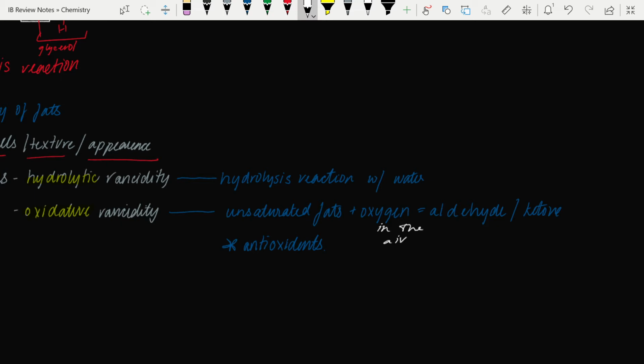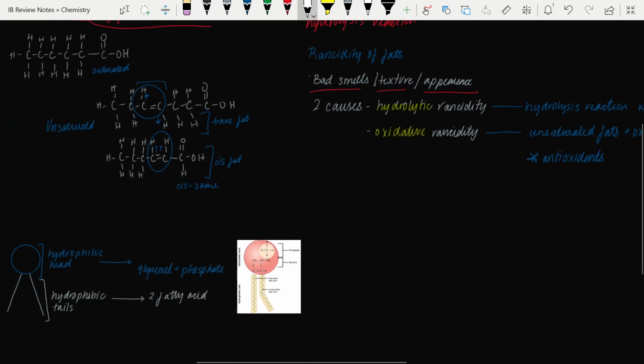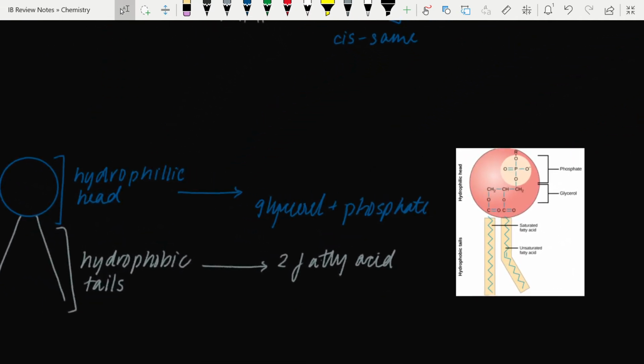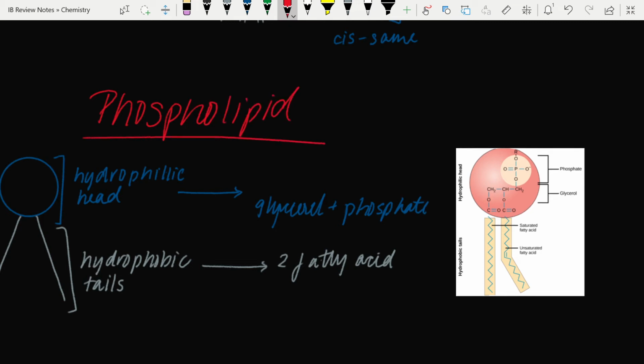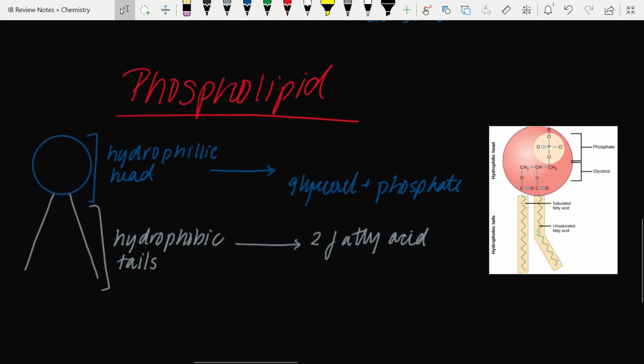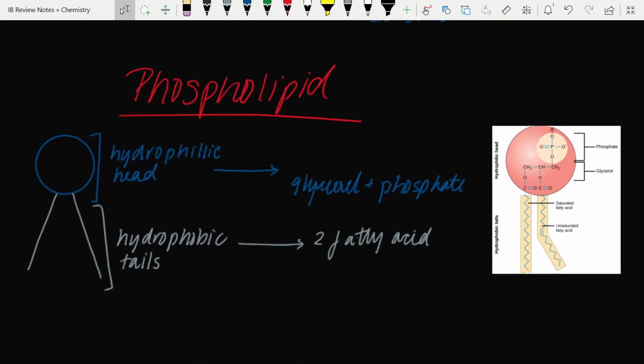Alright. And then let's look at the second type of lipid, phospholipids. You can see here, there is a hydrophilic head and a hydrophobic tail.